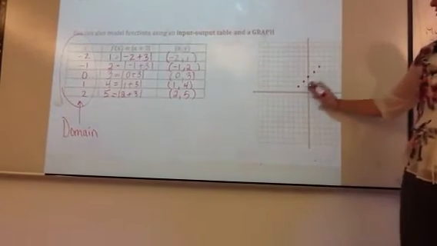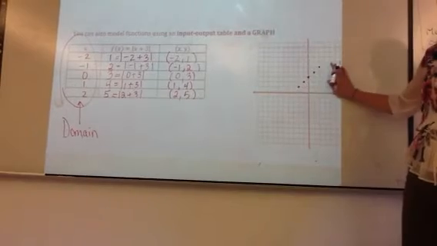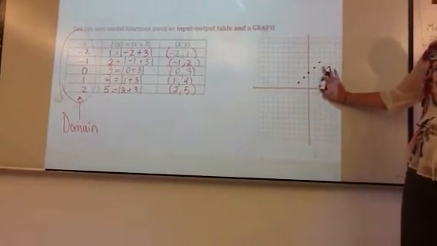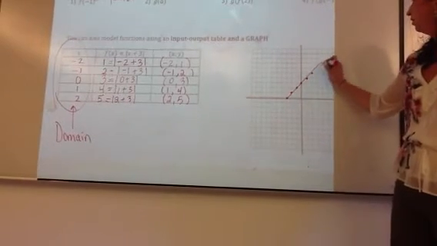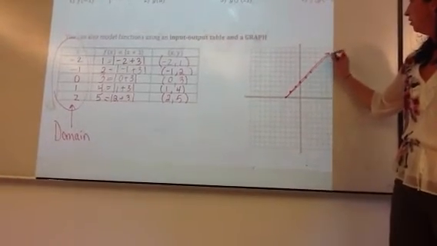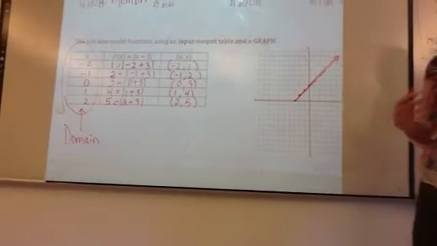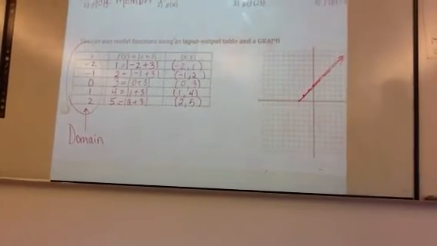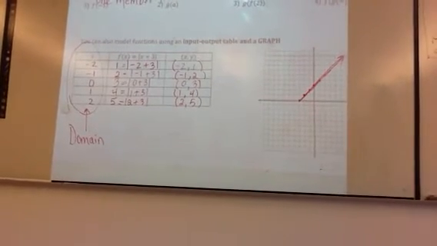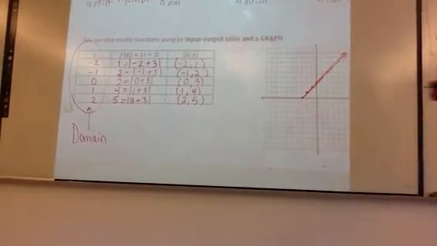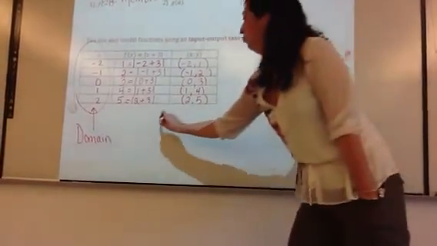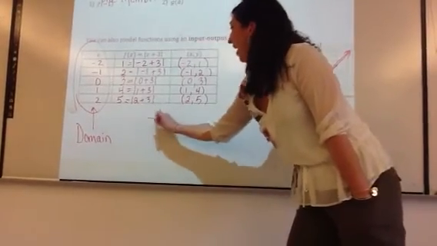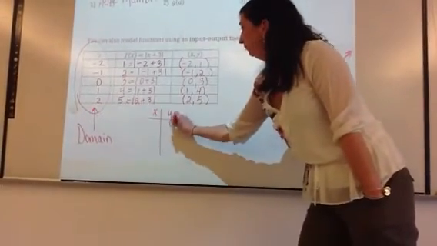You can almost see here, it looks quite like a what? A basic line, right? However, what do you know about absolute value? When you take the absolute value of any number, you always get what? Positive numbers, right? So just for the sake of completion on this one, I'm actually just going to plug in one more value over here. Just going to add it so you guys can see it.